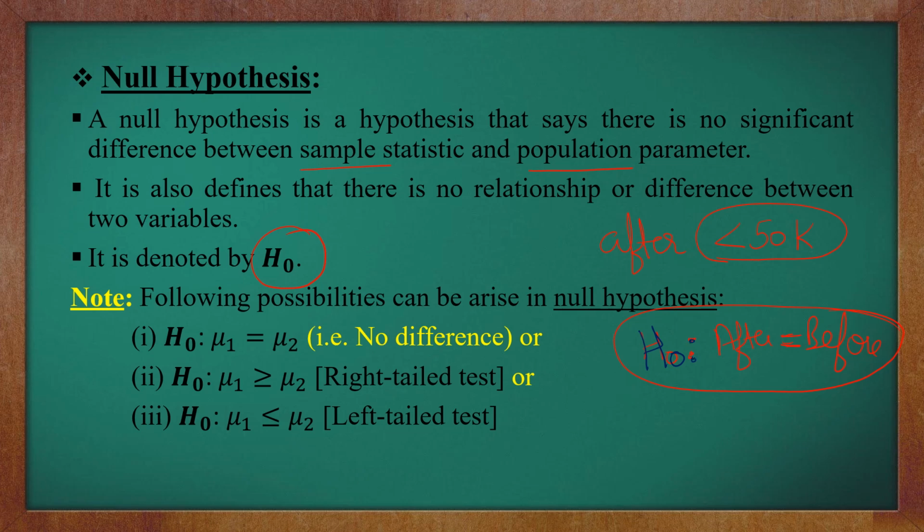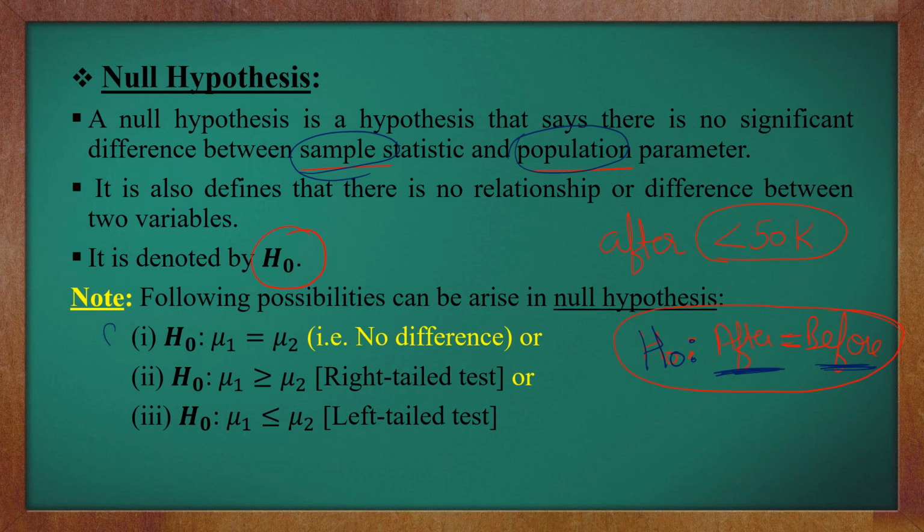It says that there is no difference between the sample statistic and the population parameter. Means we will say that before the campaign and after the campaign, there is no difference in the sales. Sales are the same. Earlier the sales were, suppose, 25,000. So sales are 25,000. There is no difference. That is called the null hypothesis.